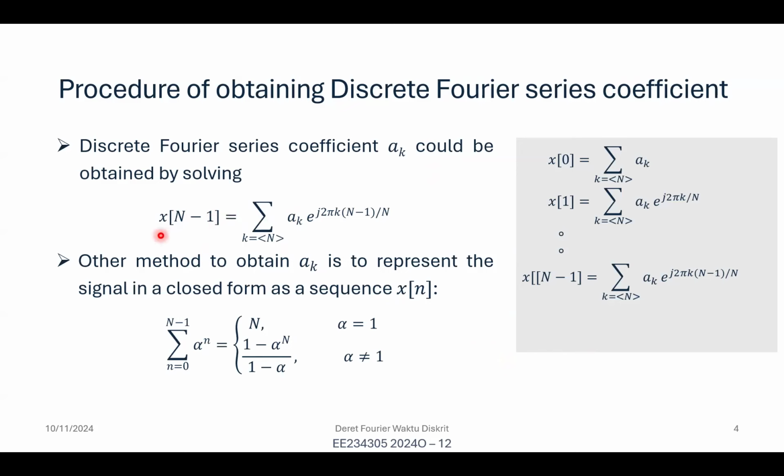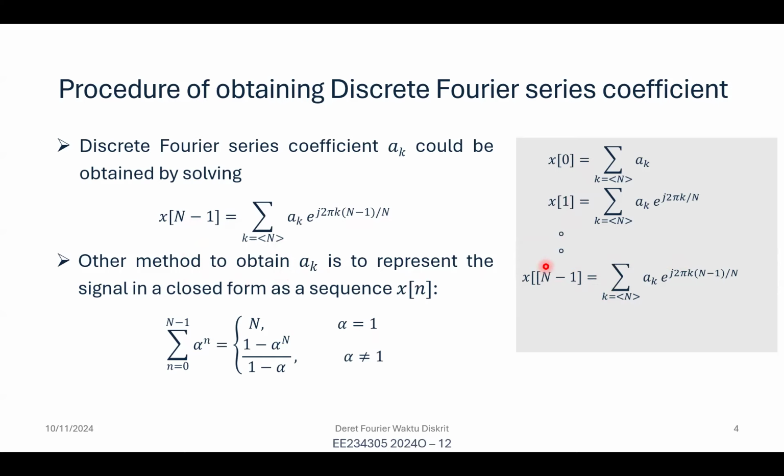Basically we get this x[n], and we solve this from 0 to N minus 1, and we can obtain the coefficient a_k to represent the signal in a closed form as a sequence x[n].